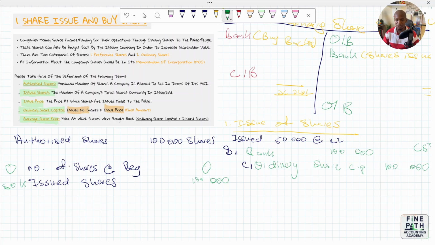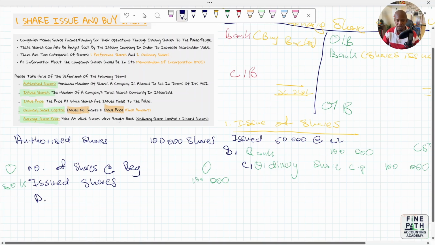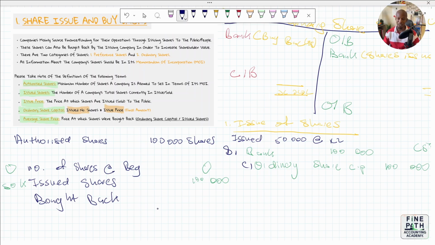And then the third thing that we would have is the shares that were bought back. Similar to that reconciliation of balances, we would have the opening balances, we would have movements that increase the account, and we would also have movements that decrease the account.